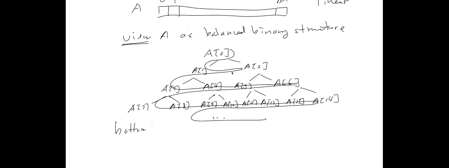At the last level, at the bottom level, we may not have exactly a full binary tree, because at the last level we may not have enough leaves.